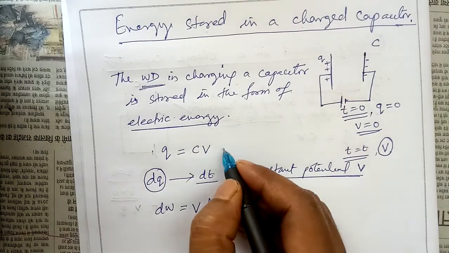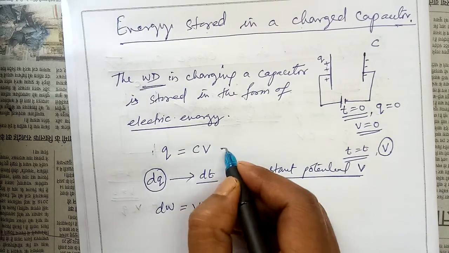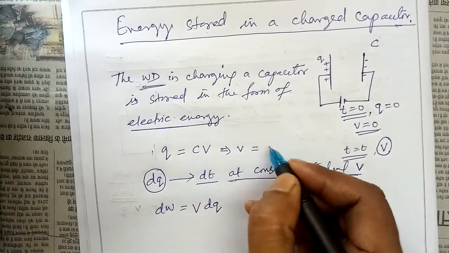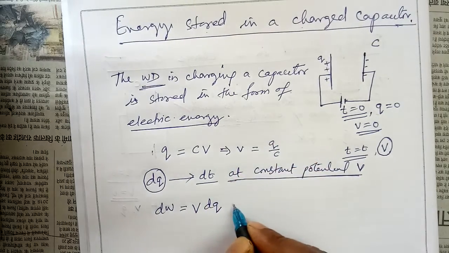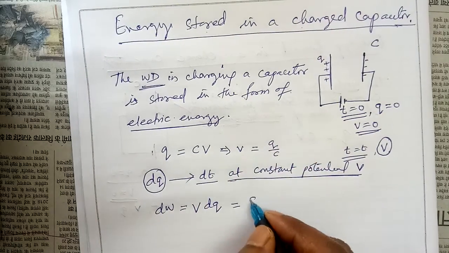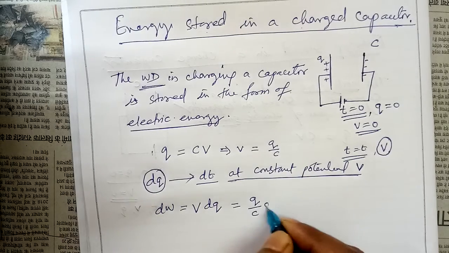From the above equation, we can write V as q by C. So the equation becomes q by C dq.